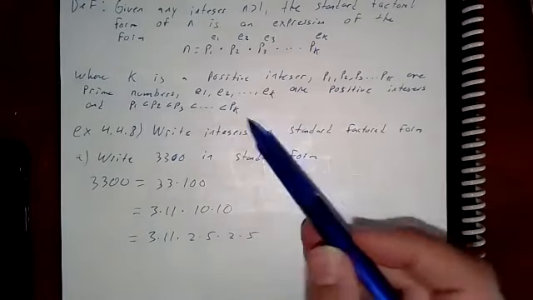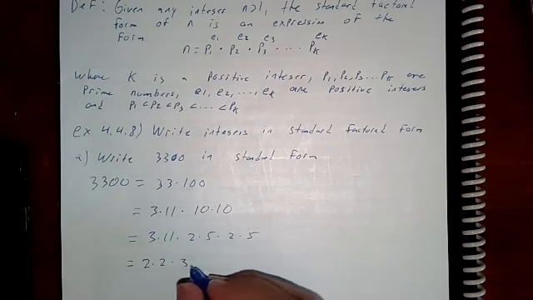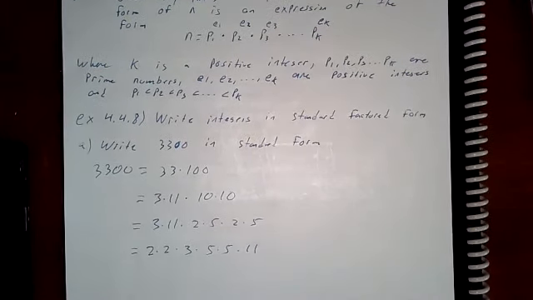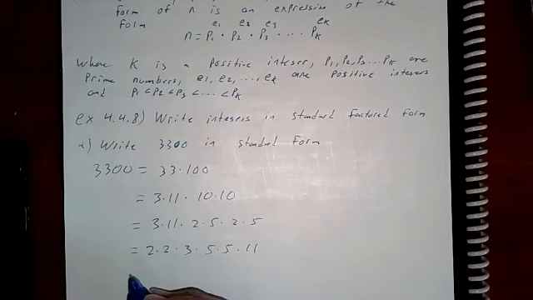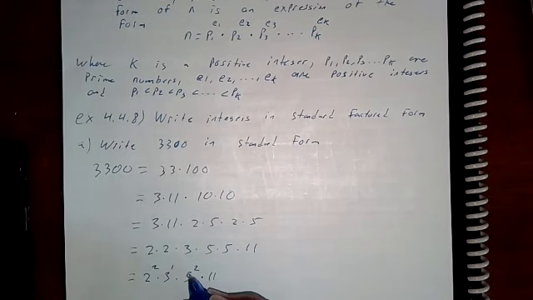But now the standard form requires that they're all in ascending order. So the 2s first, then the 3, the 5s, and the 11. So I'll just put them in order. I haven't done any math yet. So this will be 2 to the second times 3 to the first times 5 to the second times 11.